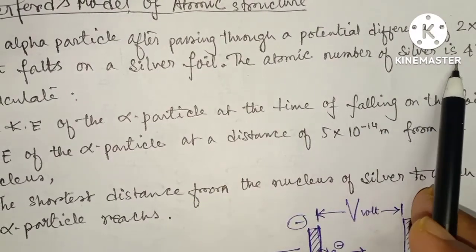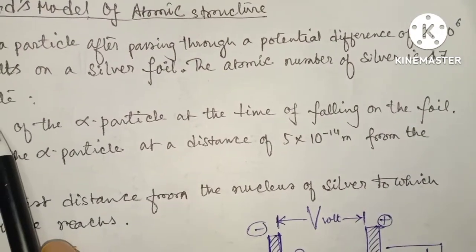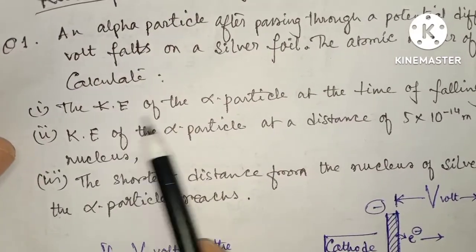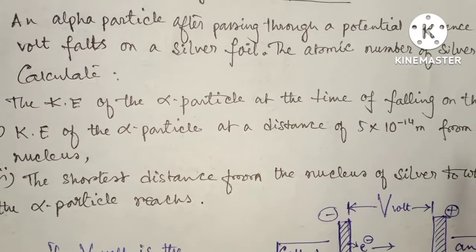The atomic number of silver is given as 47. Now we have to calculate the kinetic energy of the alpha particle at the time of falling on the foil.